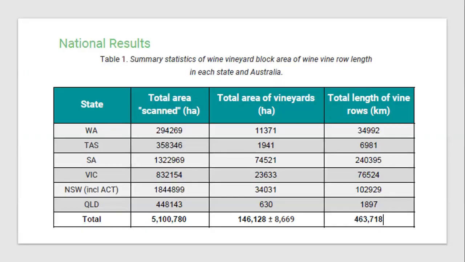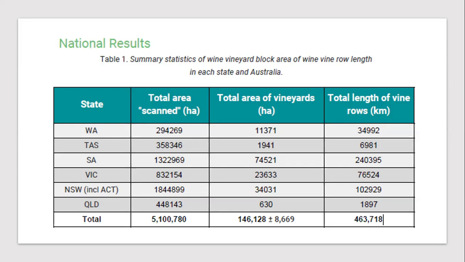So looking at those results in a little more detail, and I'm not going to read out all these numbers, don't worry. But what happens in each case is that the algorithm scans a total area, which you can see overall was over 5 million hectares, and then detects vineyards within each of the scan areas, and it came out with that figure of 146,000.